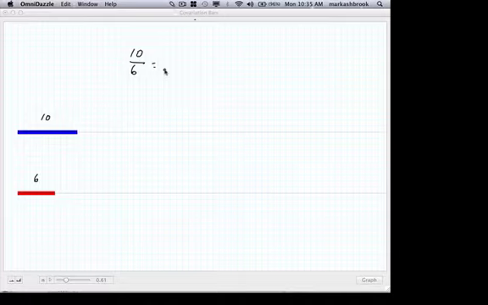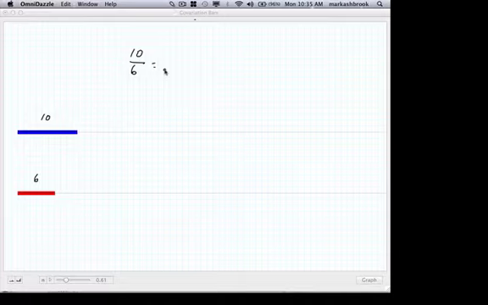No. That's using the other thing, right? So basically what you're saying is we're going to take this out times 10, and therefore we're going to take this one out by 10. Is that relative size? Yeah, that's scaling factor. It's good, it's great reasoning, but it's not relative size reasoning. Relative size reasoning says that the blue one is always 10/6 of the red.